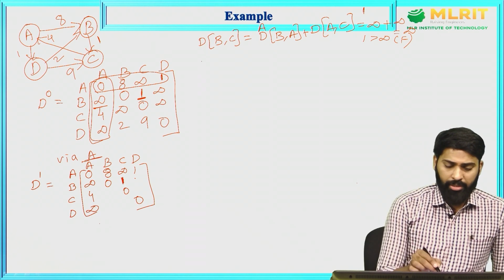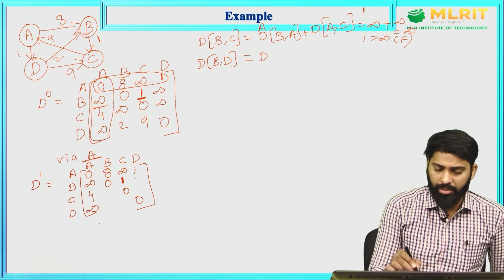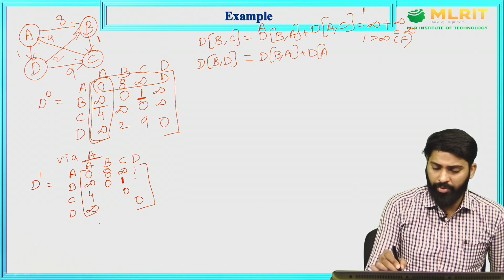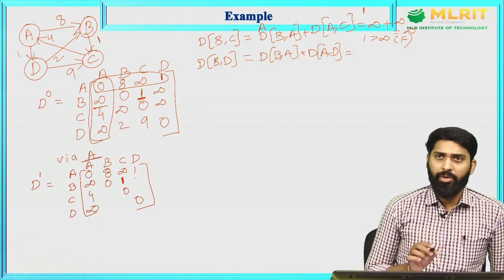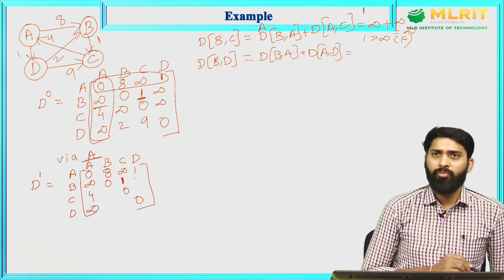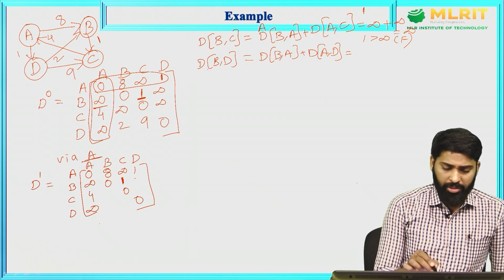Okay, next, distance of B to D. So what is the formula? Distance of B to A plus distance of A to D. That's it. Now pause the video and find the distance of B to D. Now what is the actual value of distance of B to D?